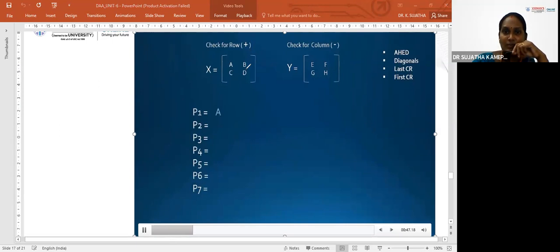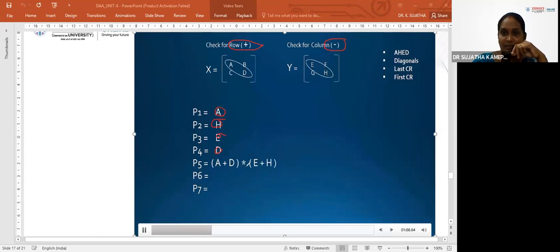Here, you need to remember when you are using row, you need to use plus sign. When you are using column, you need to use minus sign. So first point in our 4 points is AHED. So first here we are taking A, H, E, D. Next we are going to take the diagonals AD and EH.